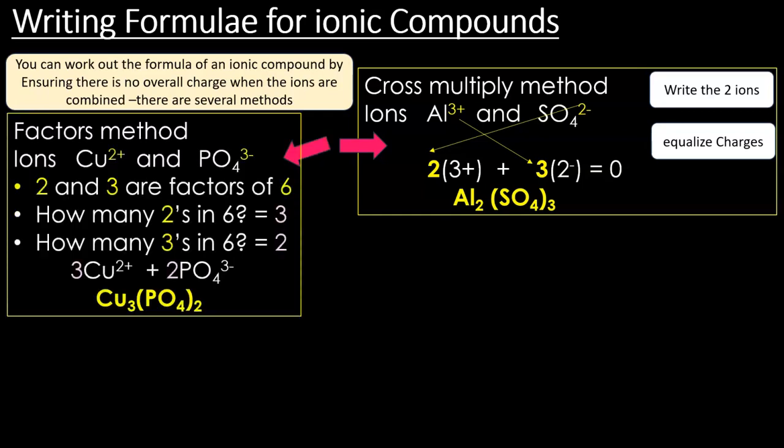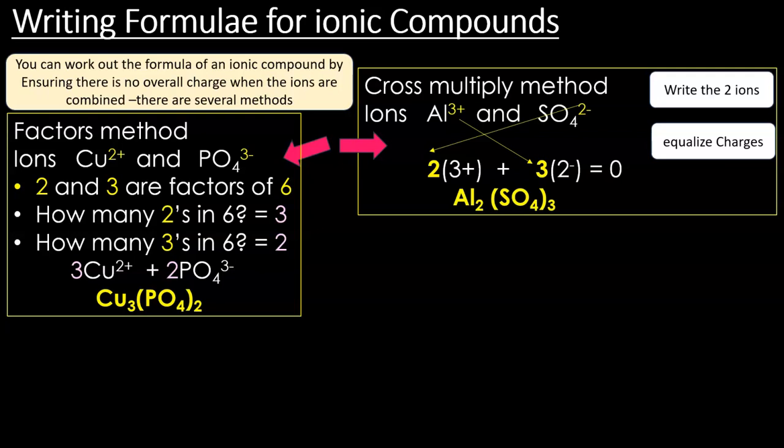An alternative way of doing the same thing is what we call the factors method, and this one is my preferred way. For example, if we're combining copper 2+ and phosphate 3-, then simply by using the charge numbers, 2 and 3 are both factors of 6.